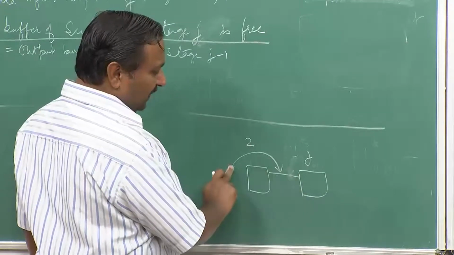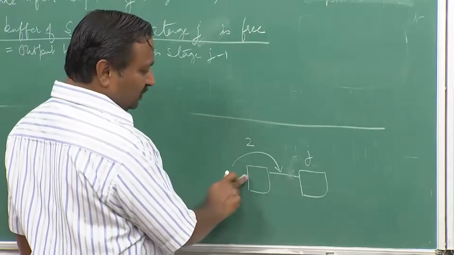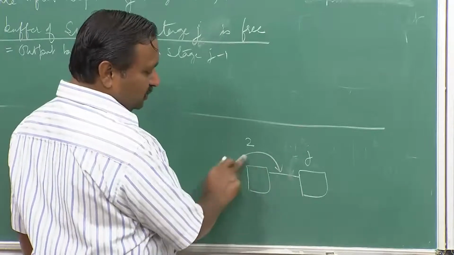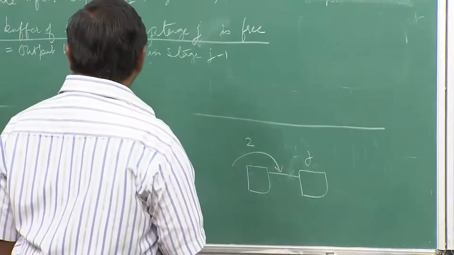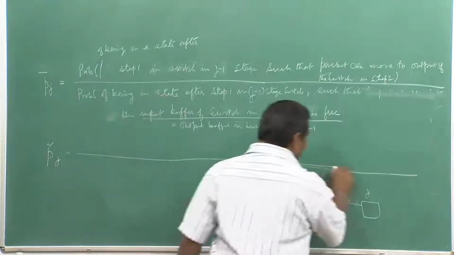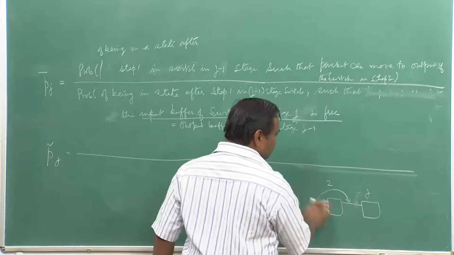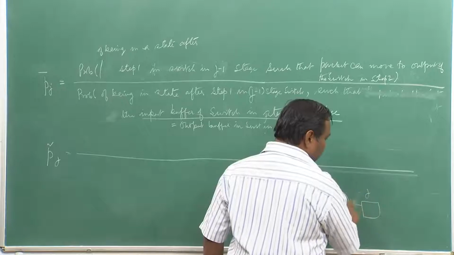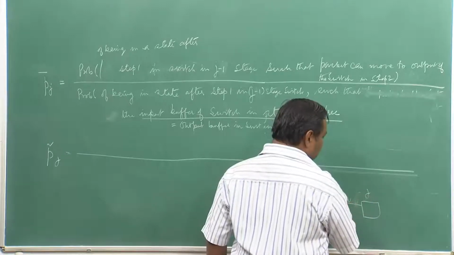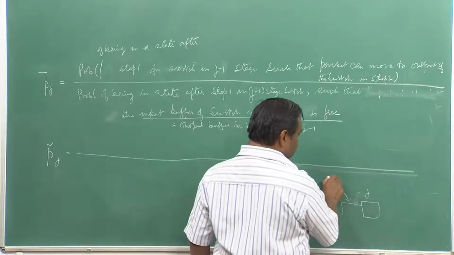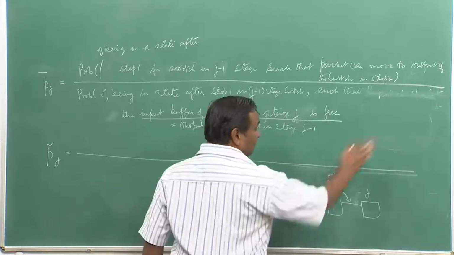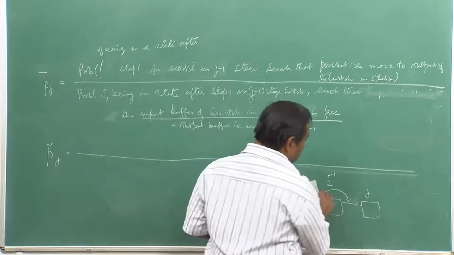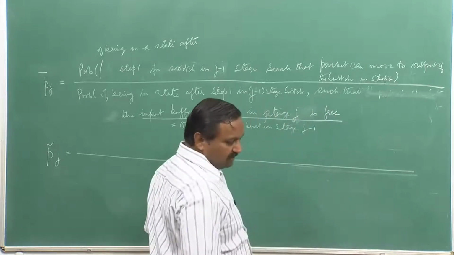And if there is no packet, what are the chances that a packet will come? So you have to find out what is the state of this switch after step 1. That will be governing. So let me list down in the denominator all the states such that this input of this particular switch, or the output of this j minus first stage switch, is actually free.